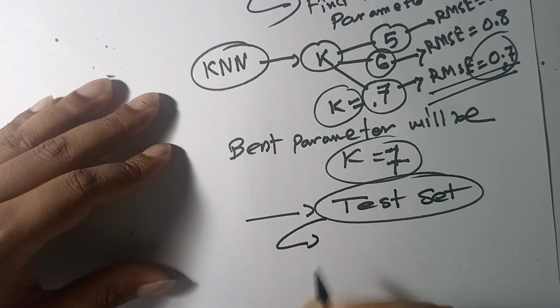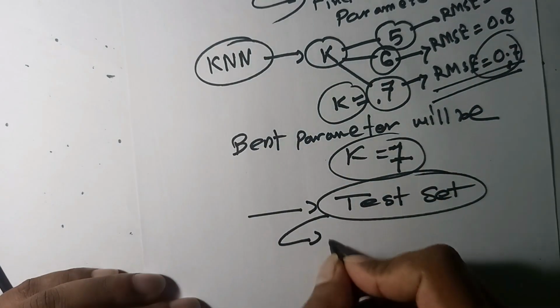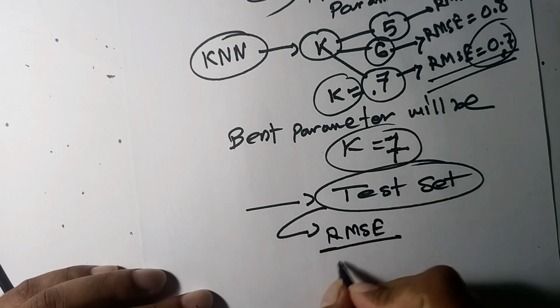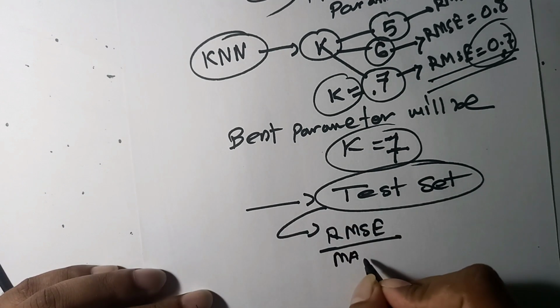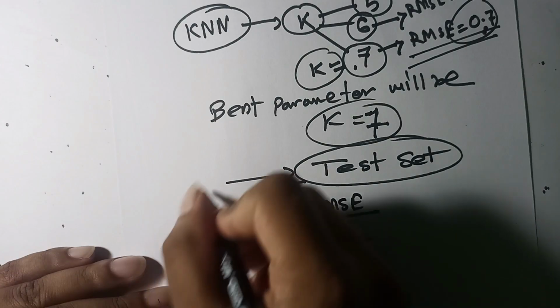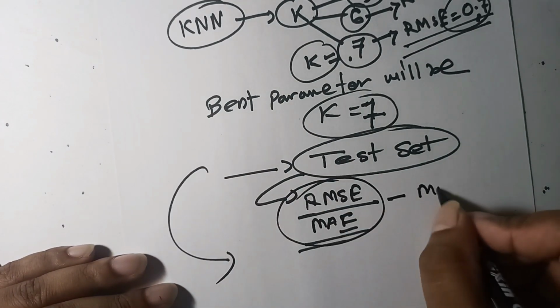This test set will give us the final evaluation. This time we will find again our RMSE and, say for example, mean absolute error, this kind of evaluation metrics. Here is another important part, this is for model evaluation.